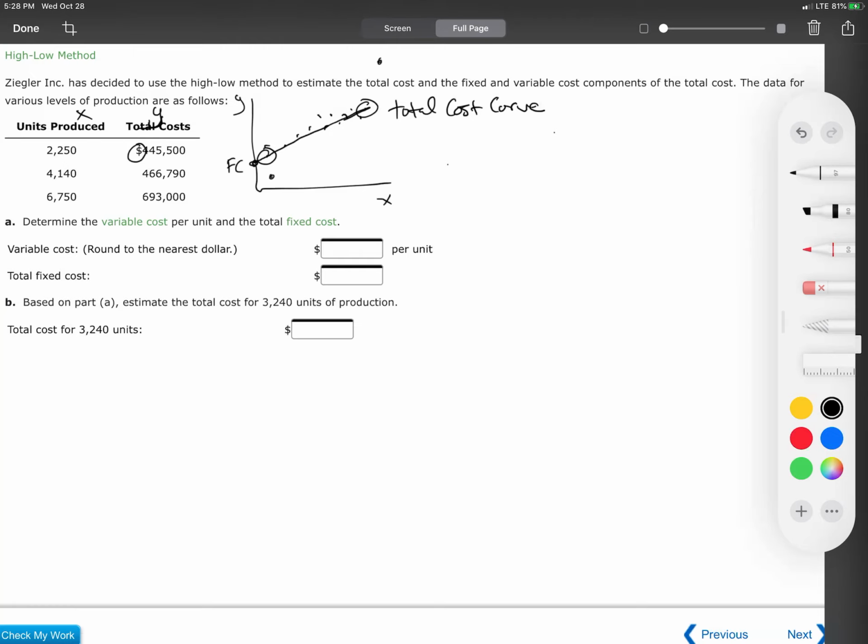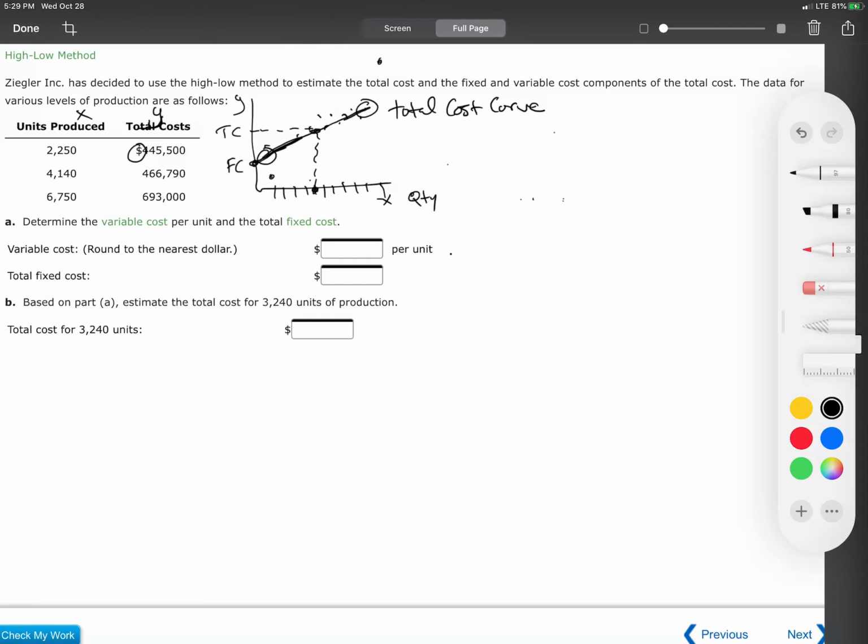Pick the high and the low points that you think look normal, and then we're going to use that data to draw a line between those points, and that line will be our total cost curve. Remember, the y-intercept is the fixed cost.